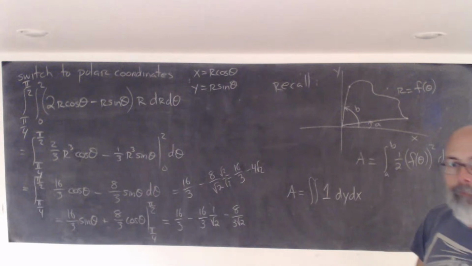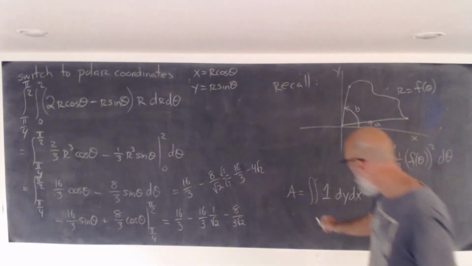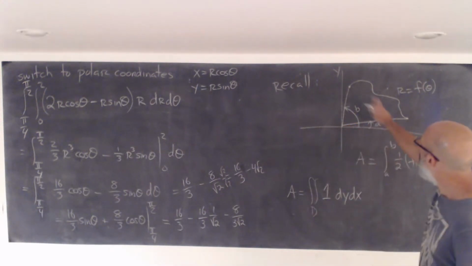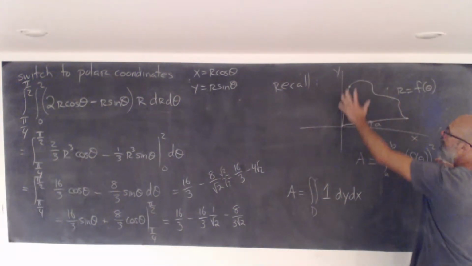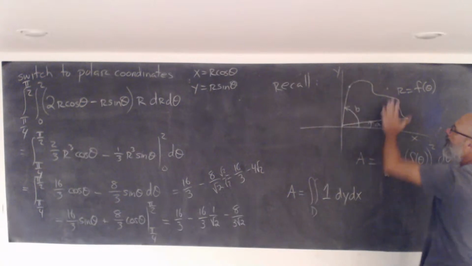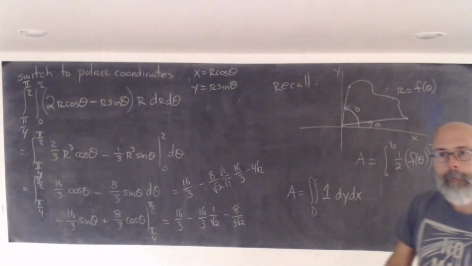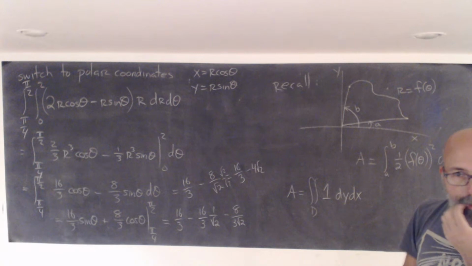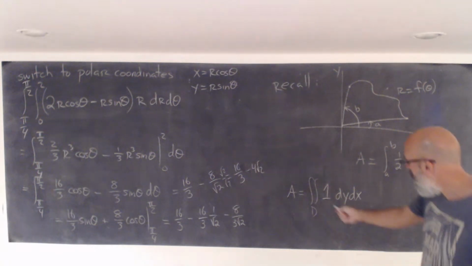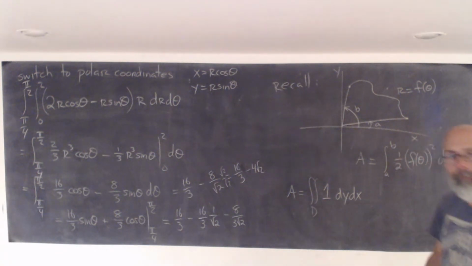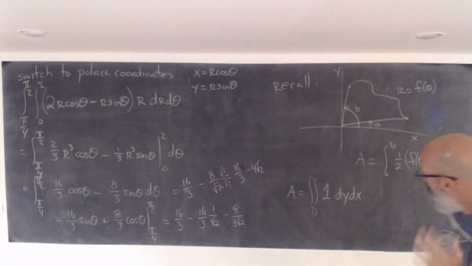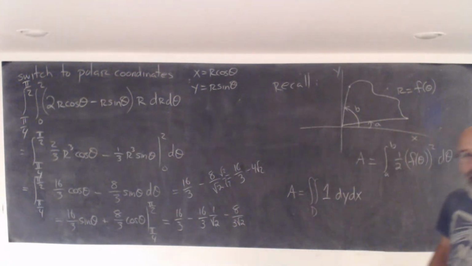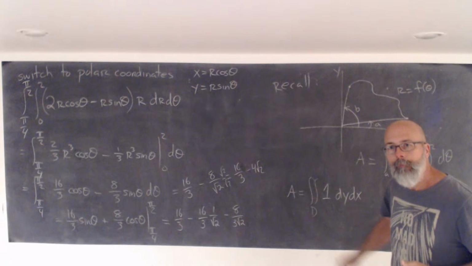You integrate 1, right? If you integrate 1 over a region, you get a volume. Imagine a function that is 1 above this. It hovers. You get a volume, but numerically it's the same as the area. So this is the area of the domain D.